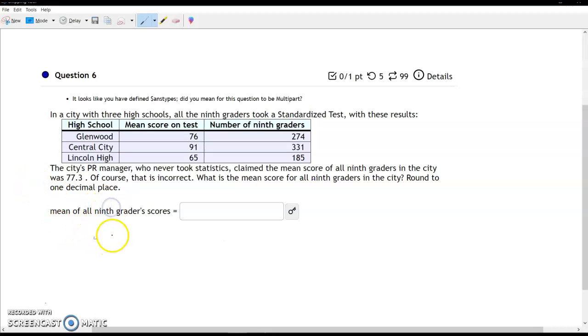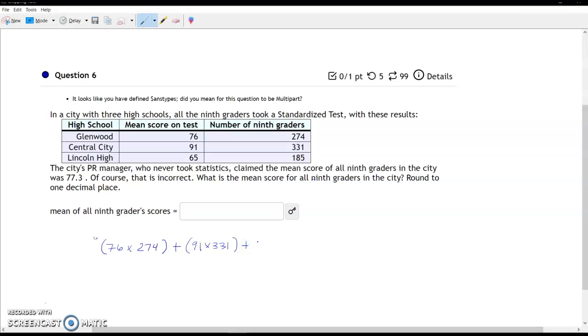So to solve this one, we want to take the 76 and multiply by the 274 students at the first school. And then we'll add the 91 times 331 students at the next school.